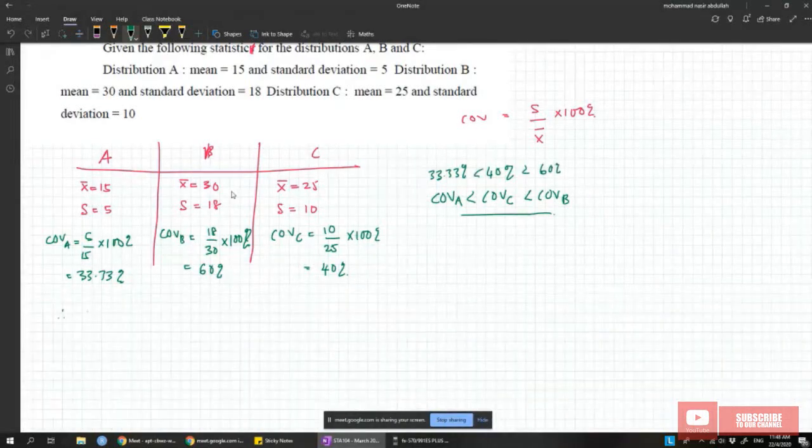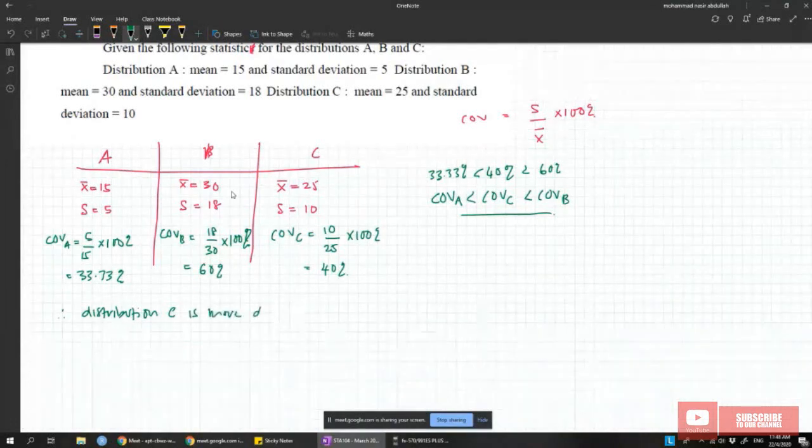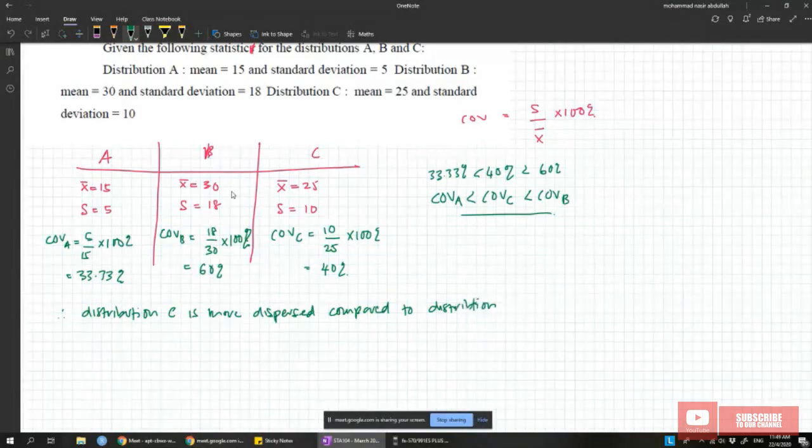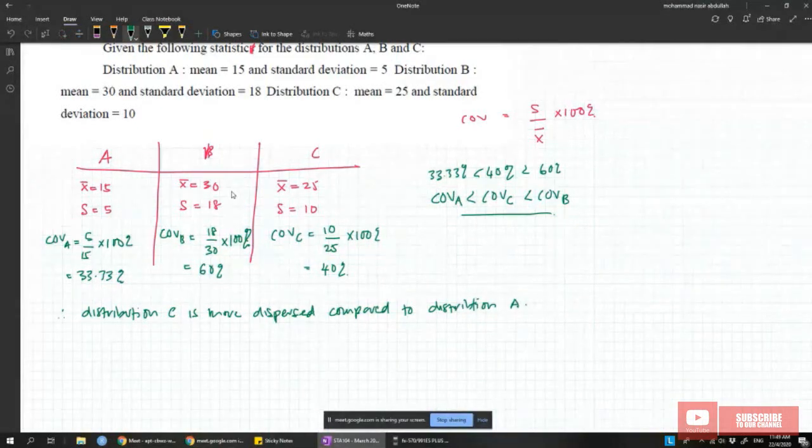So we can say that distribution C is more dispersed compared to distribution A, right?